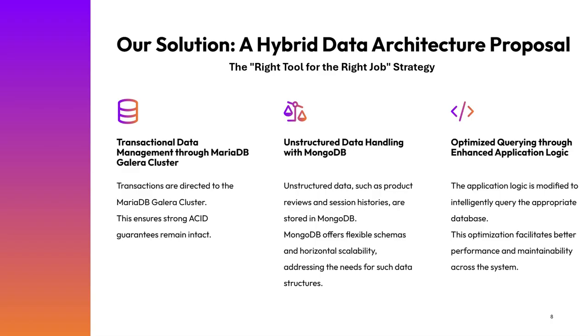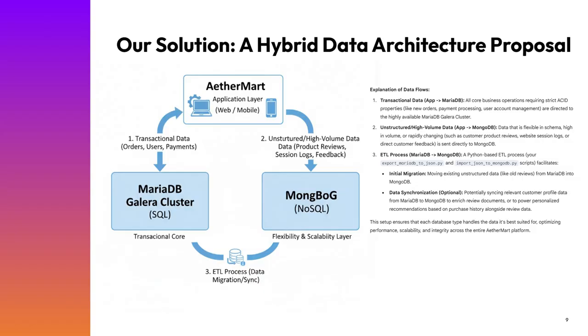Our solution, the hybrid data architecture proposal, uses the right tool for the right job strategy. The AetherMart application sends orders, user registrations, and payments directly into our MariaDB Galera cluster for secure processing.